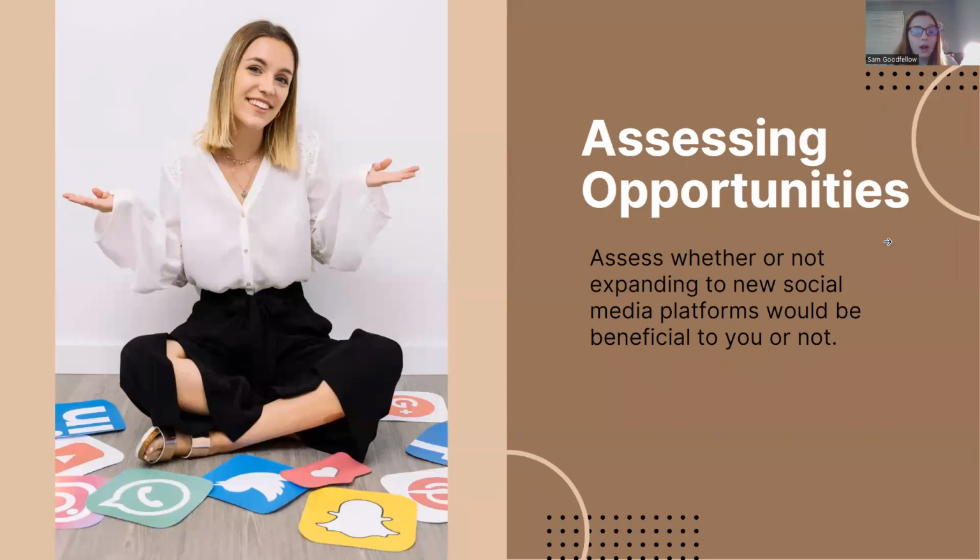Next, we have assessing opportunities. So this is looking at other social media platforms that might be beneficial to you. So say you only have Instagram. Well, let's take a look at TikTok or Facebook and see if you could use those and how that might be beneficial to you. This is, again, going to be dependent on who your target market is and if they use those social media platforms.